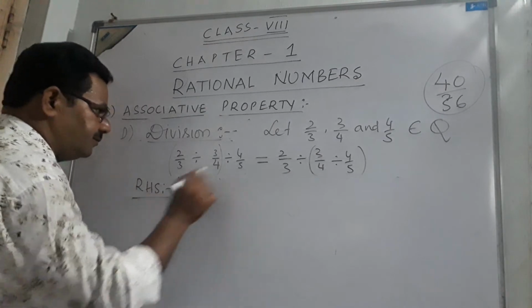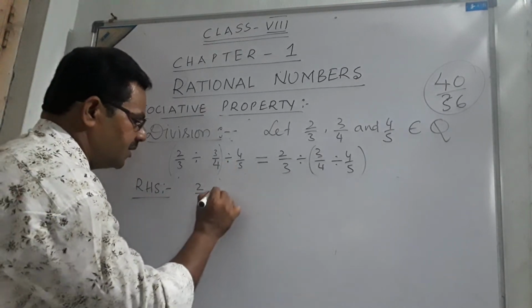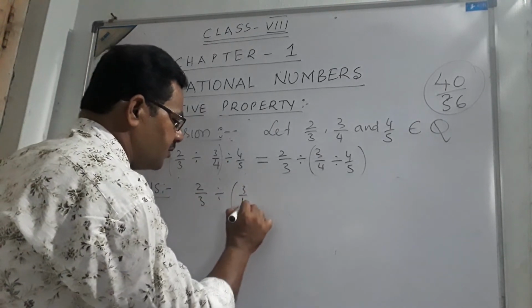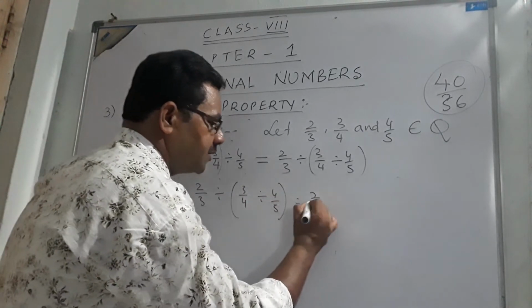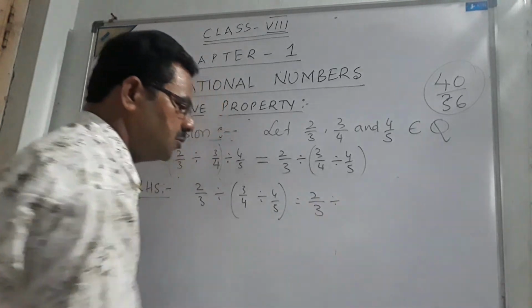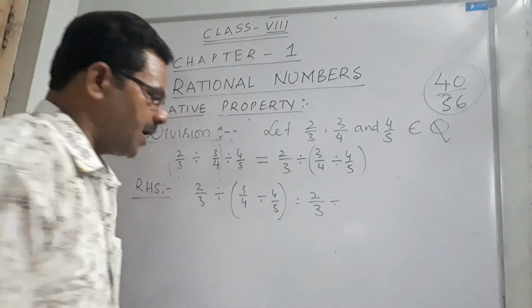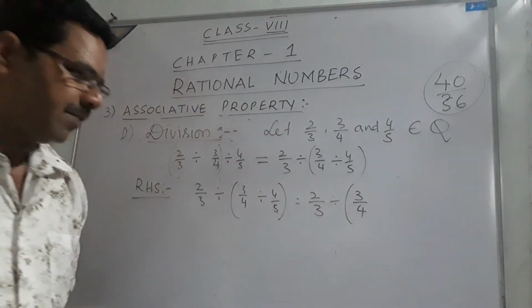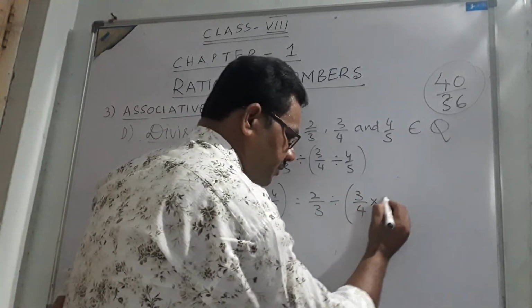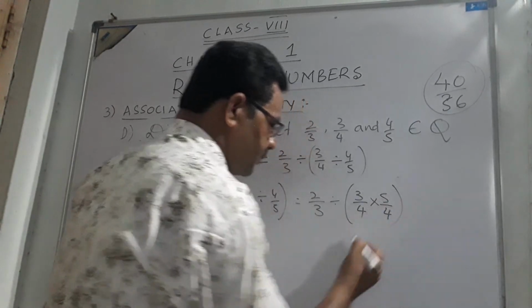RHS: 2 by 3 divided by 3 by 4 divided by 4 by 5. 2 by 3 you have to leave like that. No change will be there. Coming to the bracket. In the bracket, what is the first rational number? 3 by 4. And the second rational number should be converted into its reciprocal.